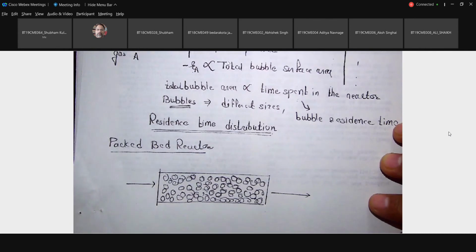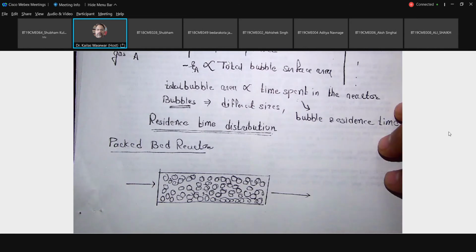If it is a catalytic reactor, it will be packed with catalyst. If it is an absorption column, it may be other normal, non-reacting packing.